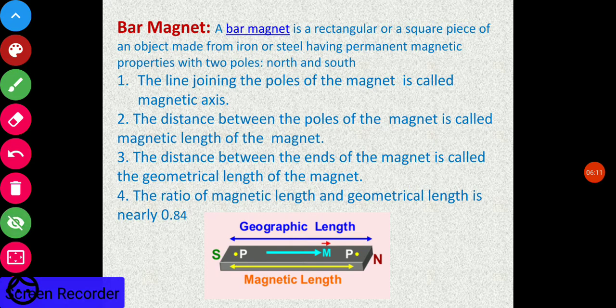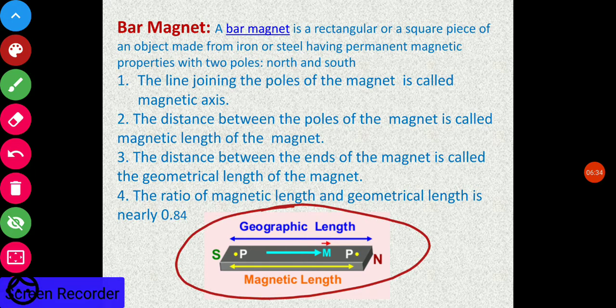Now bar magnet. As you know, a bar magnet is a rectangular or square piece of an object made from iron or steel having permanent magnetic properties with two poles, north and south. Now this is the diagram of a magnet, with the south pole and the north pole.